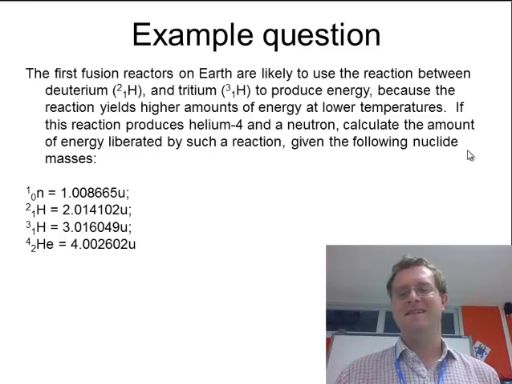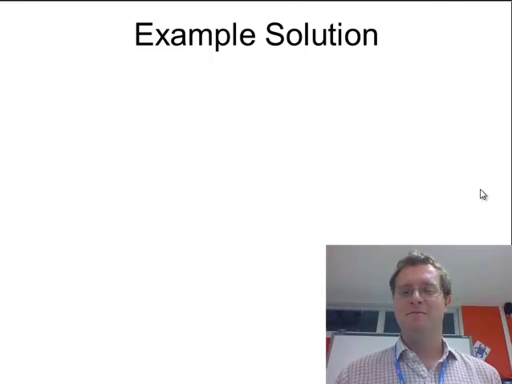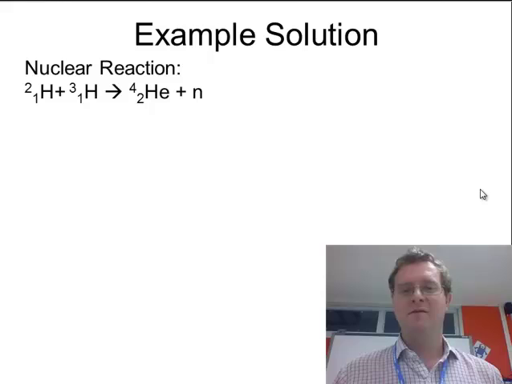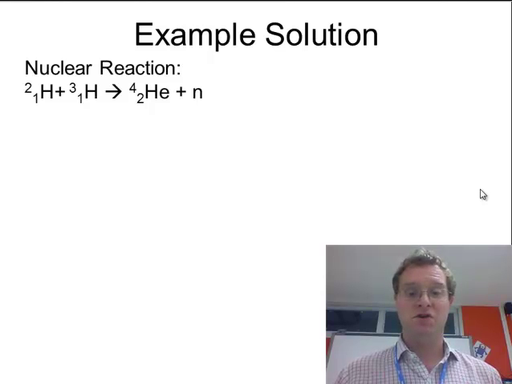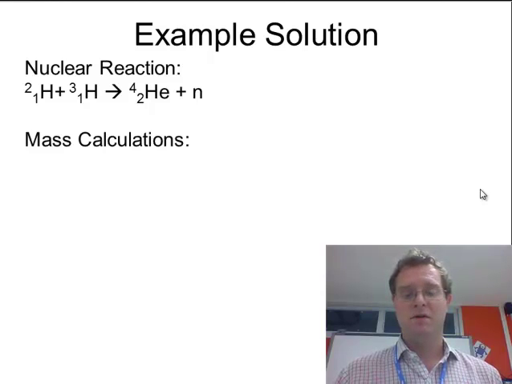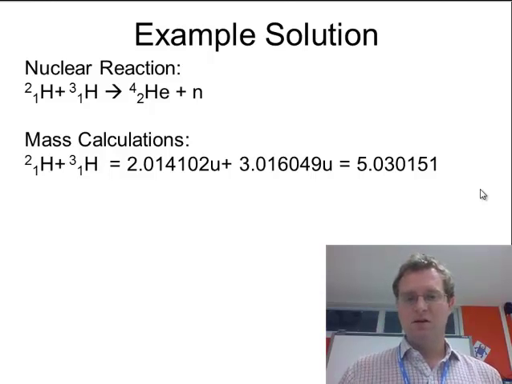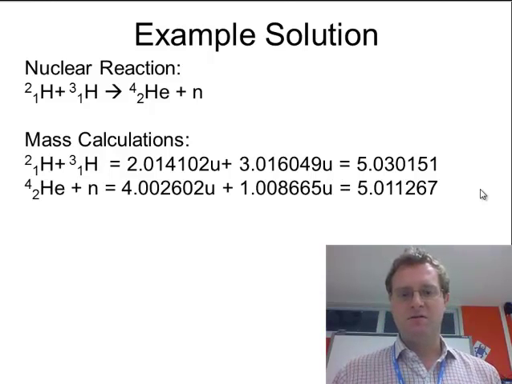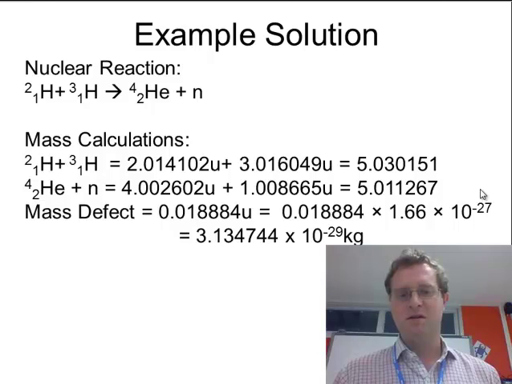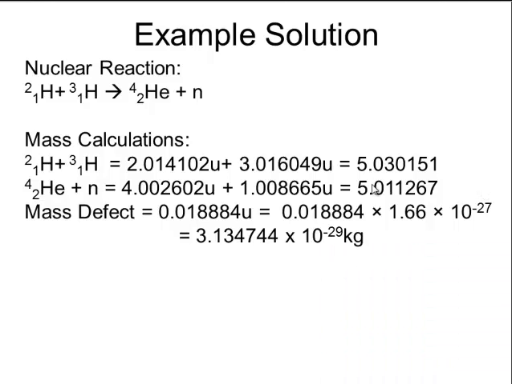Okay, so my solution here, the first thing I'd have to work out would be the nuclear reaction, so I can show the nuclear reaction. Then my mass calculations: the initial mass, the final mass, and then the mass deficit, so the difference there.